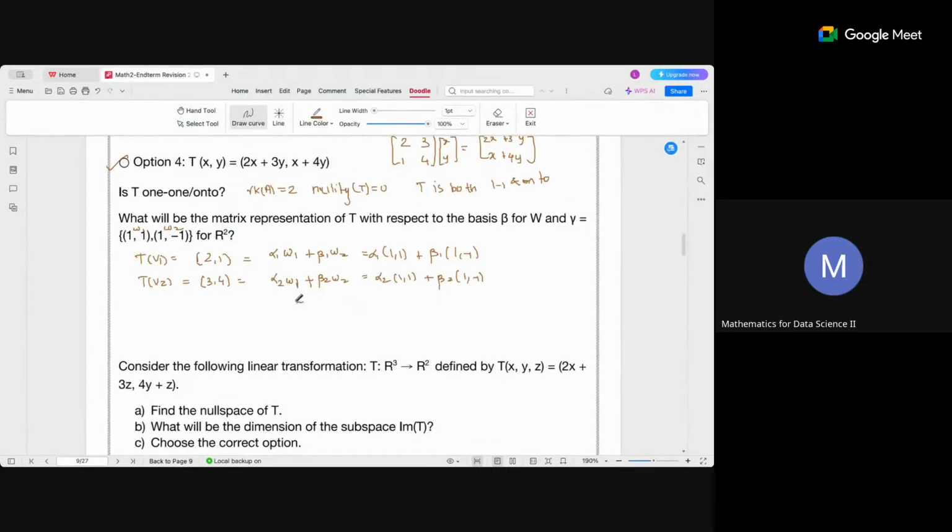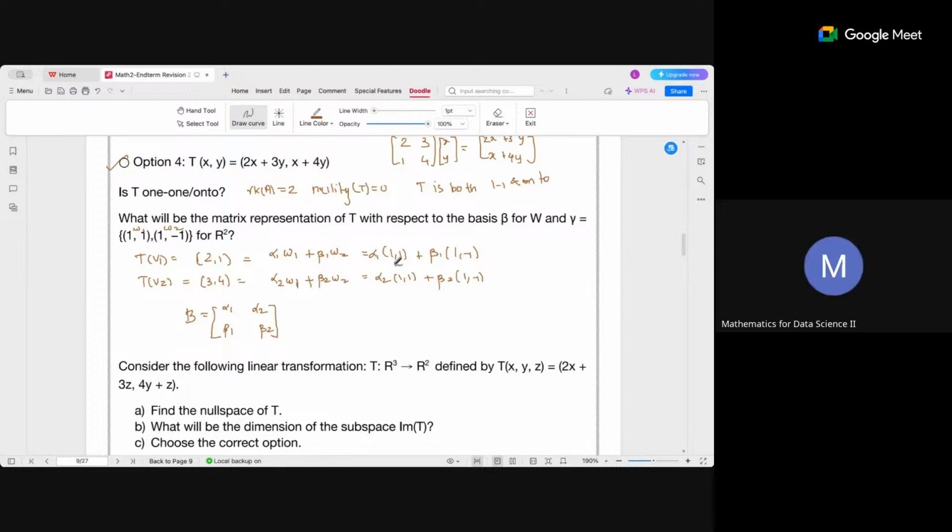Okay, so now let us call this matrix representation of T with respect to beta and gamma as maybe B. So what are the entries of B? Alpha 1, beta 1, alpha 2, beta 2.